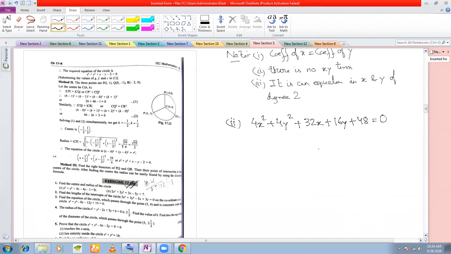Okay. Is this the equation of a circle? Devanjan, Tanisha. Yes, it is an equation of a circle. Why?